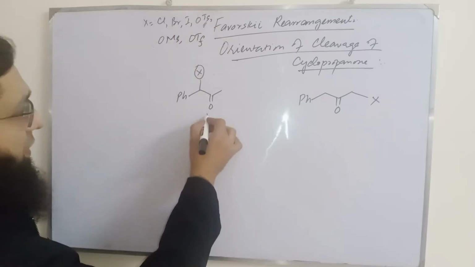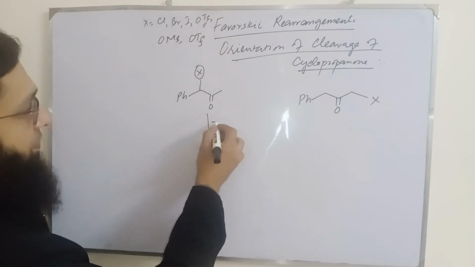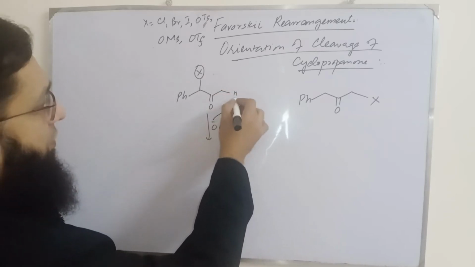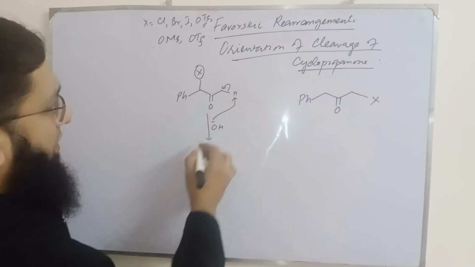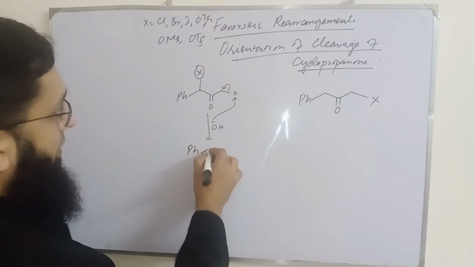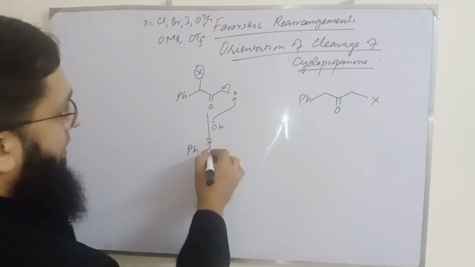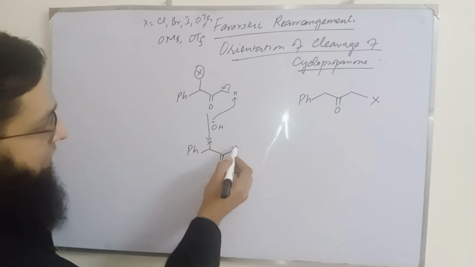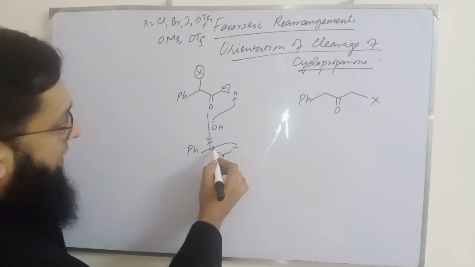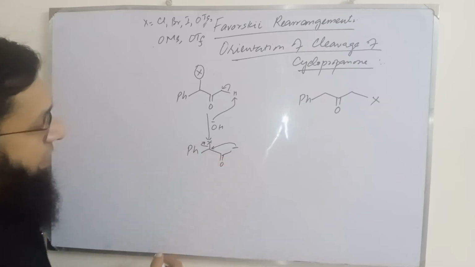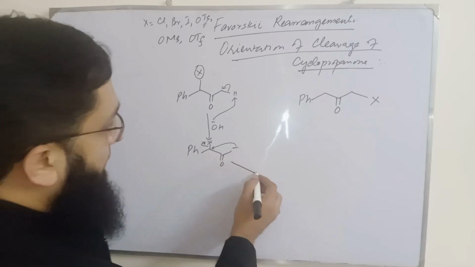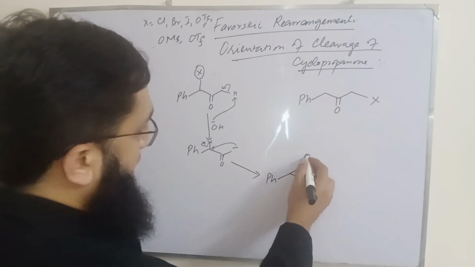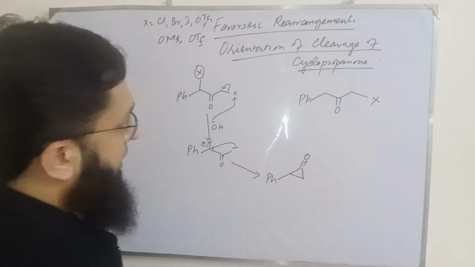So if we add base in this, the base would take the proton from this carbon, and as a result we would get the enolate, and this carbanion would then internally displace this halogen or leaving group, and as a result we would get the cyclopropanone intermediate.